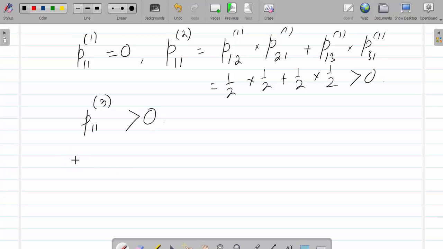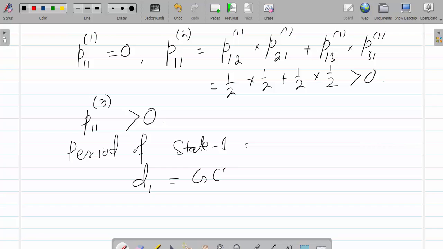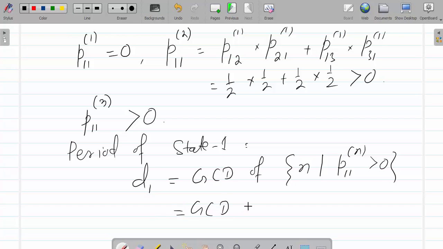So the period of state 1, that is equal to d1, that is equal to the GCD of n such that P11^(n) is greater than 0. So that is equal to the GCD of 2, 3, and so on. This is equal to 1.